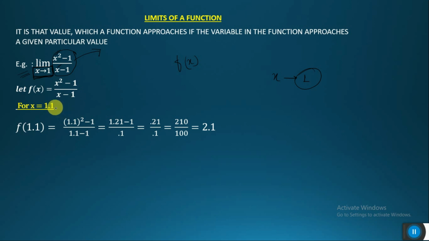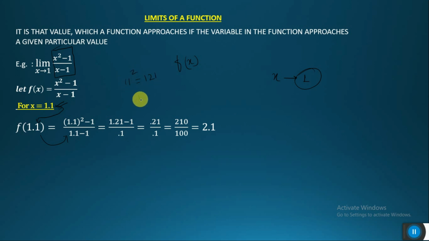So I am expanding this limit in these forms. What did I do? I took x as 1.1. Now I substitute this x here. Wherever there is x in my function, I will put 1.1. When you solve, you can see how to solve. 1.1 square is 1.21, since 11 square is 121.